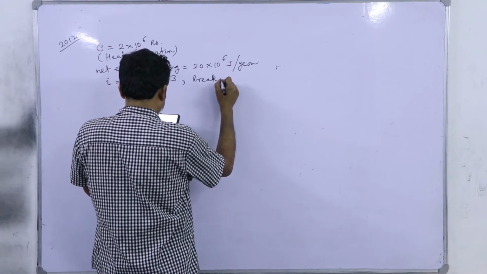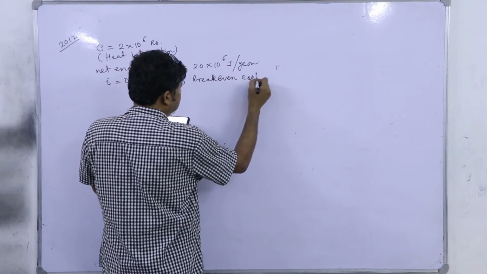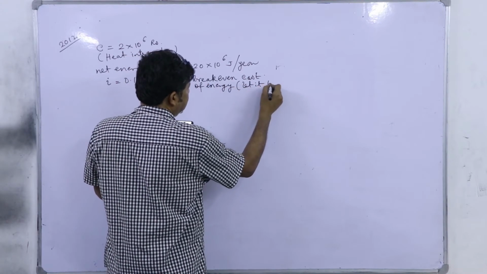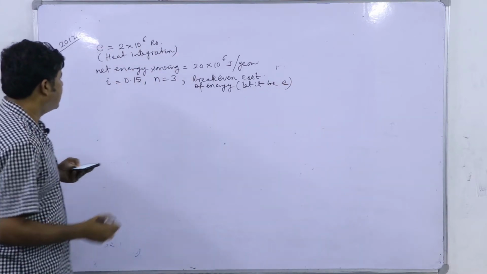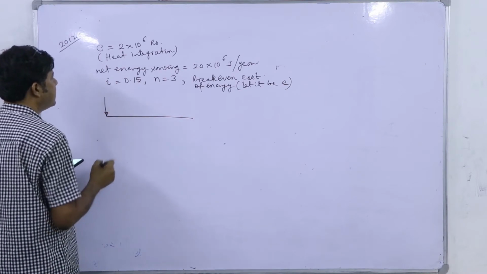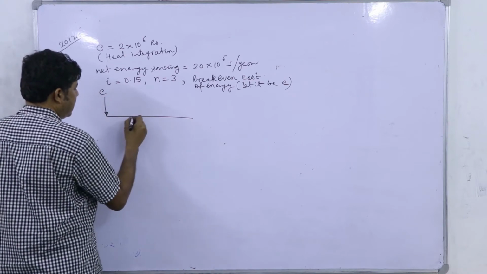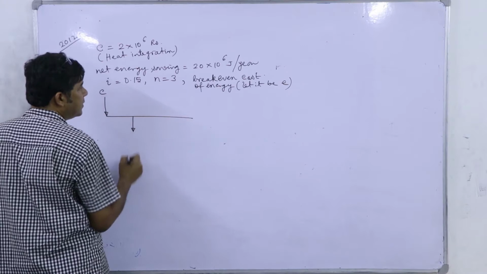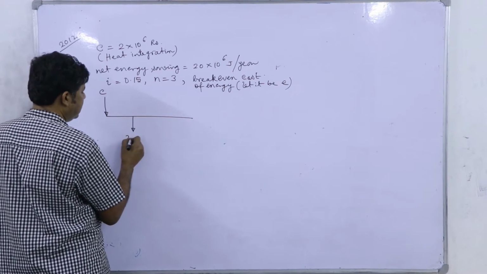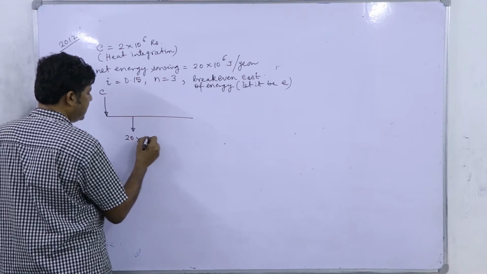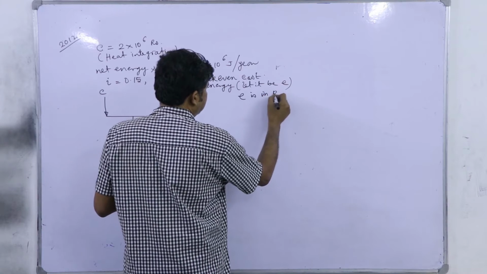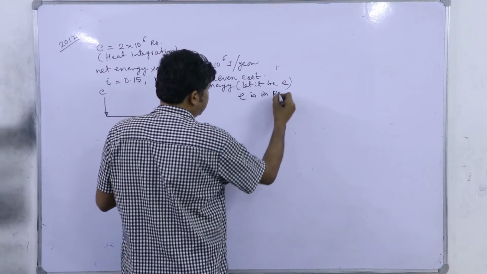The break-even cost of energy, which is just equal, let it be E. So, what we are doing actually, we are investing this C and we are getting back this net energy saving of 20 gigajoule per year, where E is in rupees per gigajoule.